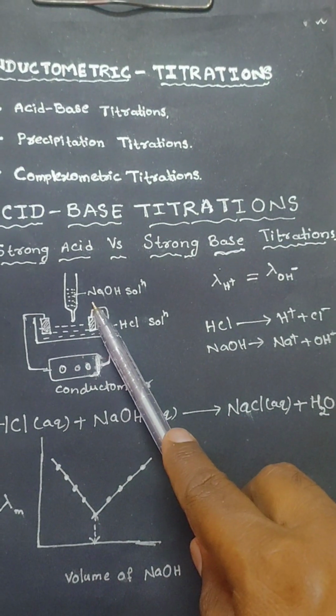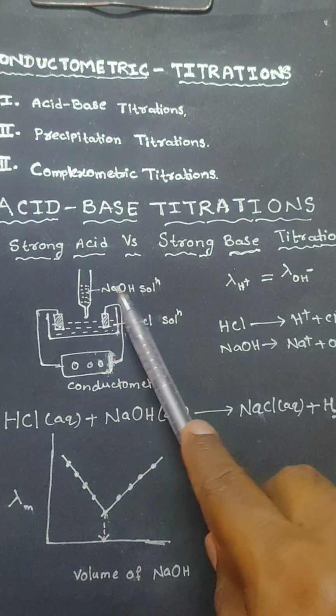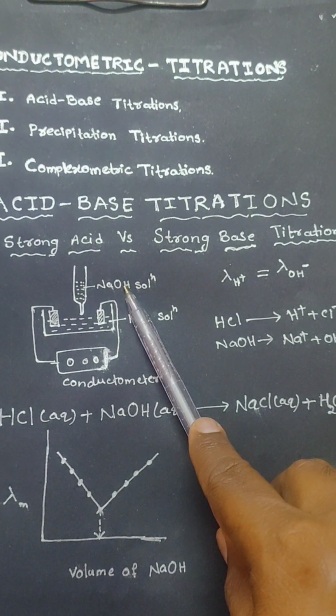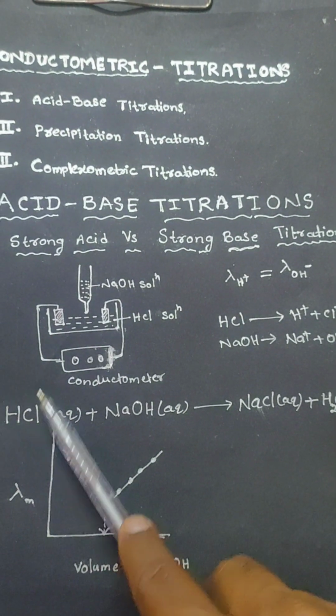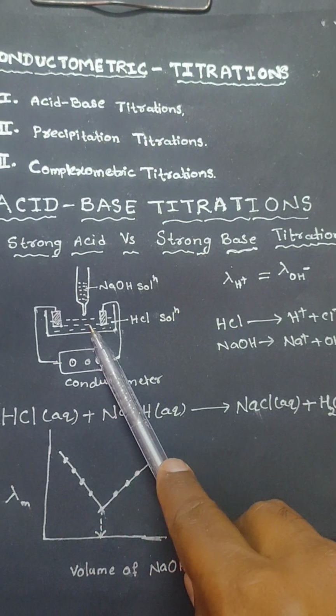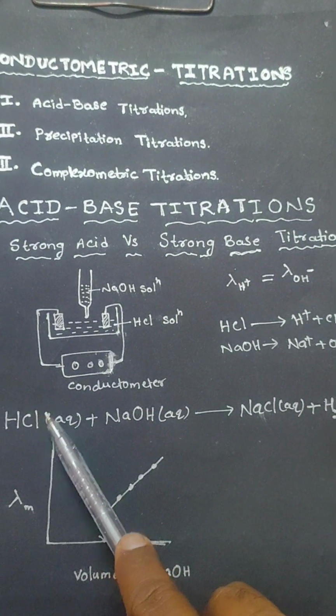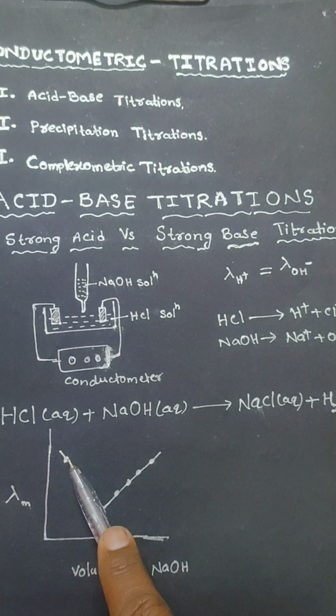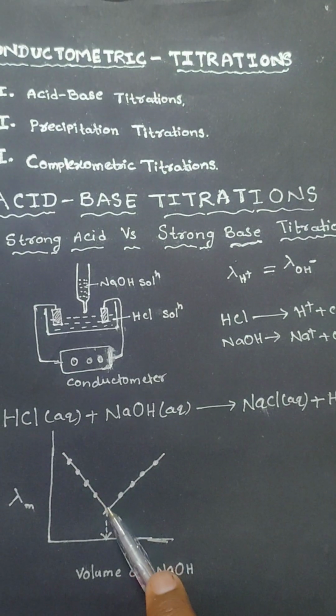As we go on adding the NaOH solution, the OH minus ions of the base NaOH react with the H plus ions of the acid. As a result, the number of the H plus and OH minus ions decrease, so the conductance or conductivity gradually decreases.